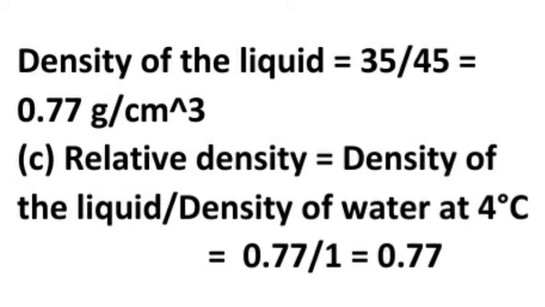So 0.77 gram per cubic centimeter upon 1 gram per cubic centimeter will give you 0.77. As relative density is a ratio of two densities, it has no unit. Gram per cubic centimeters will be cancelled. So what is the answer? 0.77. So relative density is 0.77.